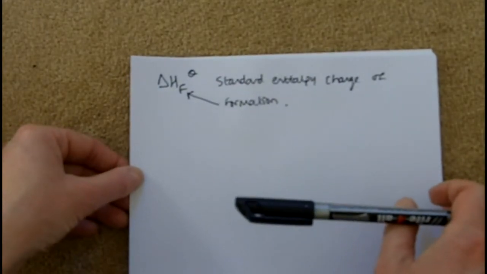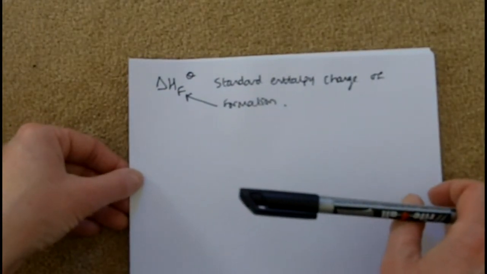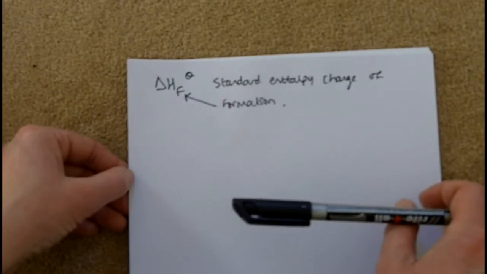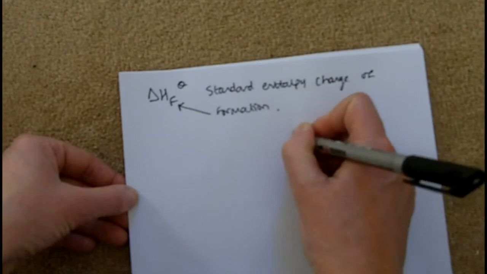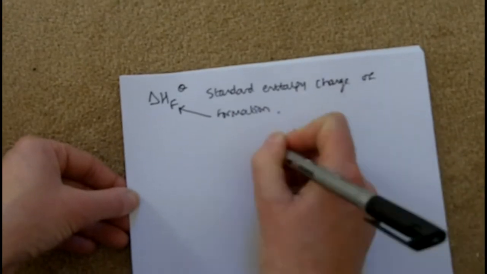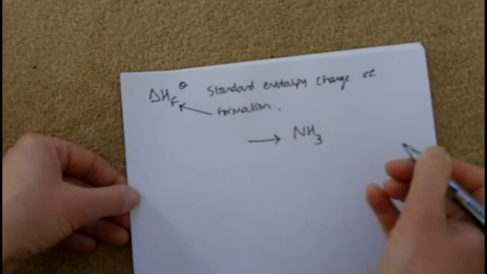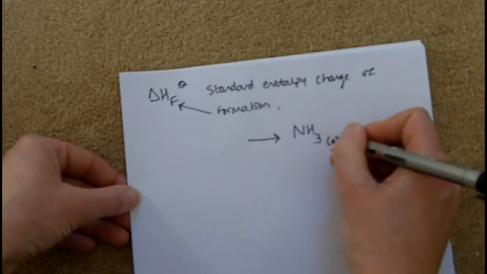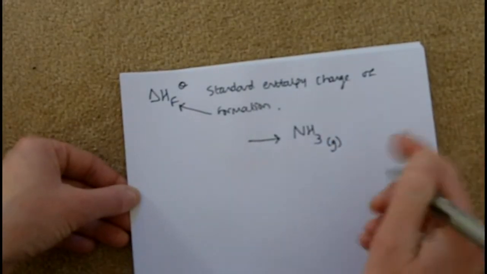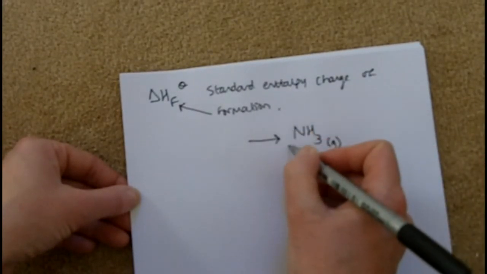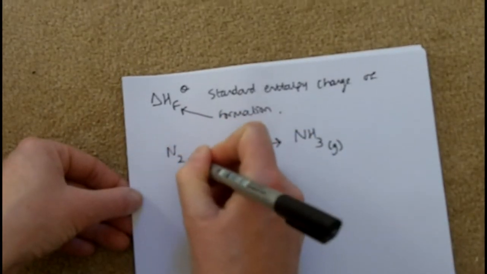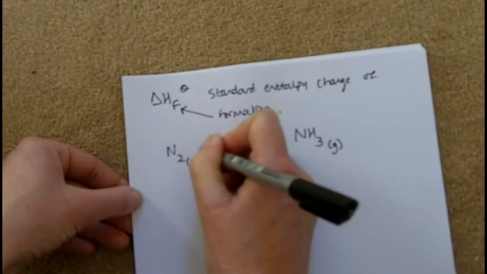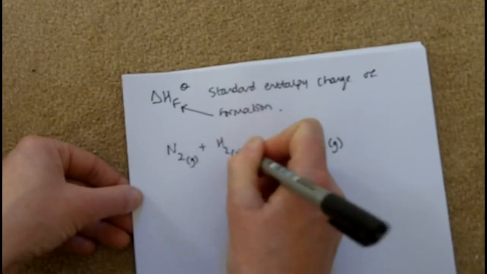Okay, so if, for example, we had, let's just take any chemical, let's take ammonia. So it's for the formation, for making ammonia. Ammonia is a gas. You've got to have the state symbols. Forming 1 mole of a compound from its elements in their standard states.